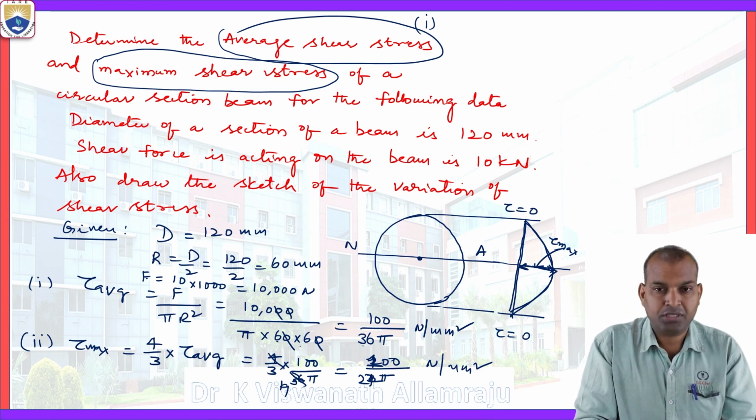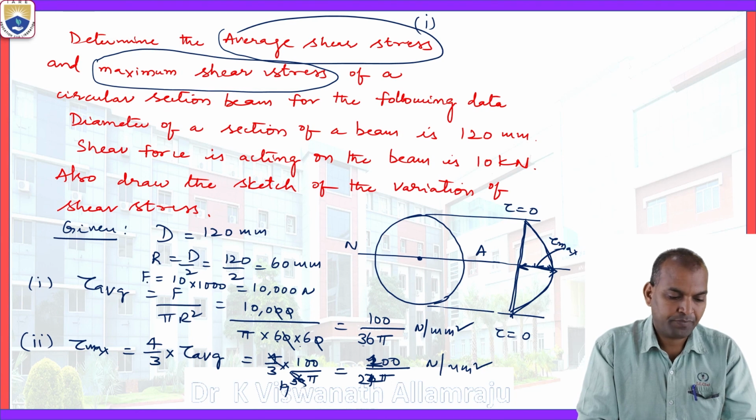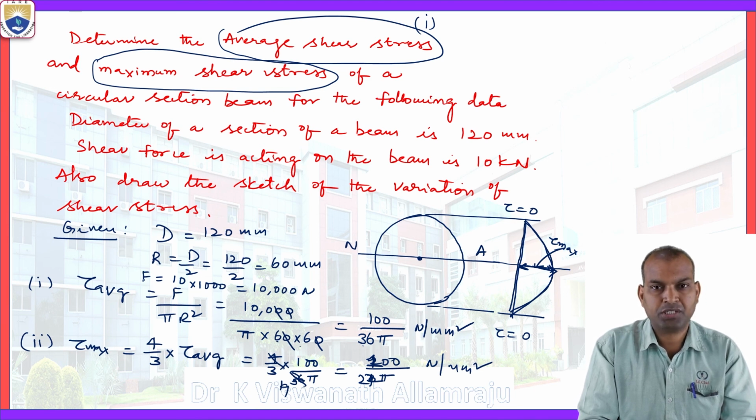In this lecture we have studied the variation of shear stress across the circular section of the beam, and we have derived the shear stress equation for the circular section of the beam, that is shear stress equal to F by 3I times R square minus Y square.